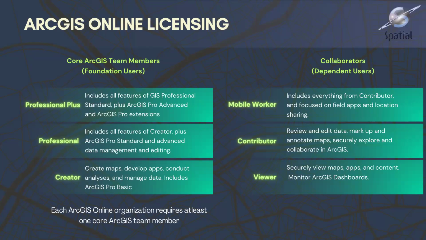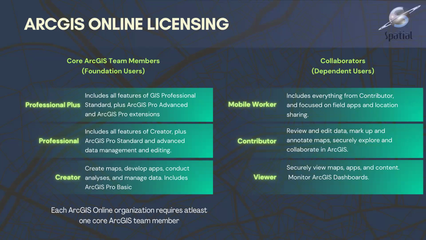To note though, with your creator and professional license, you can also add extensions with these licenses. So if you require 3D visualization with your mapping work and you have a professional or a creator license, you can buy a 3D Analyst extension and add it on.